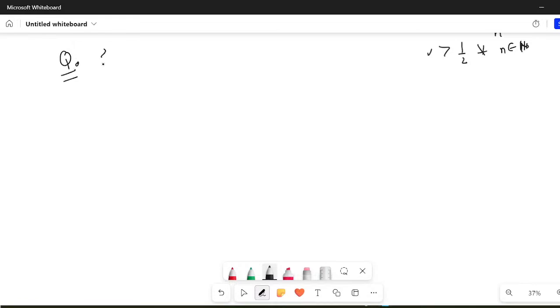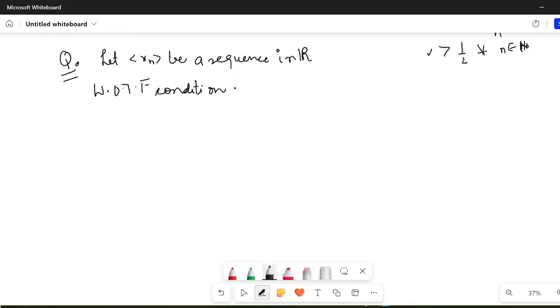Let xn be a sequence in R. Which of the following conditions ensures that xn is a Cauchy sequence?